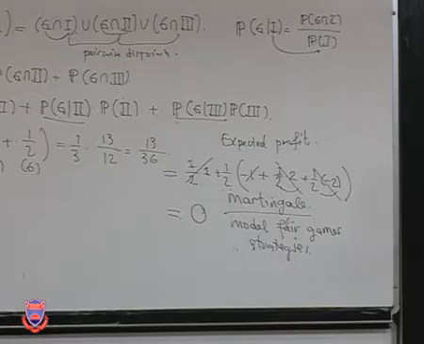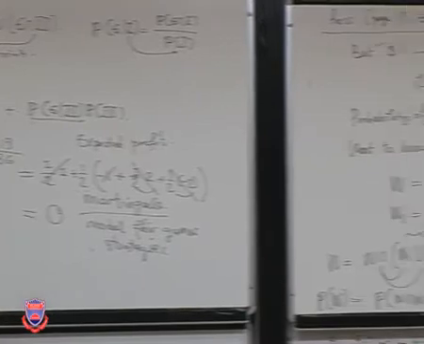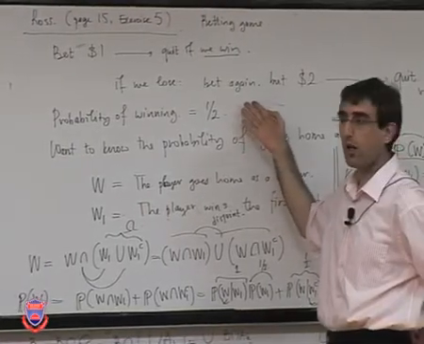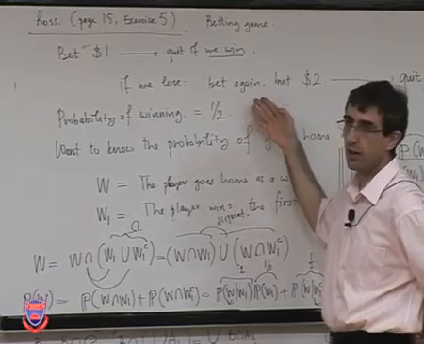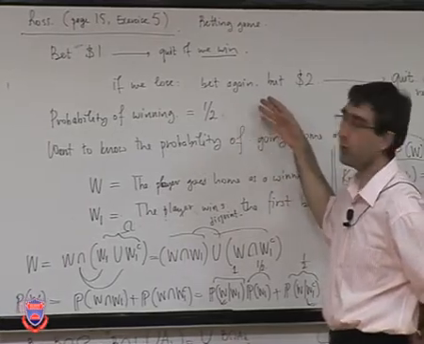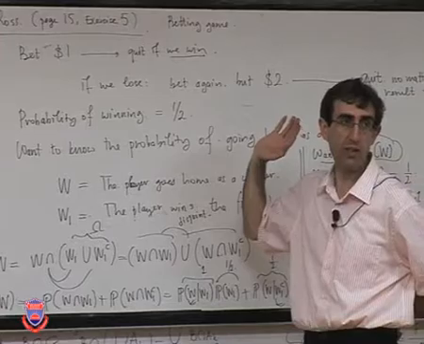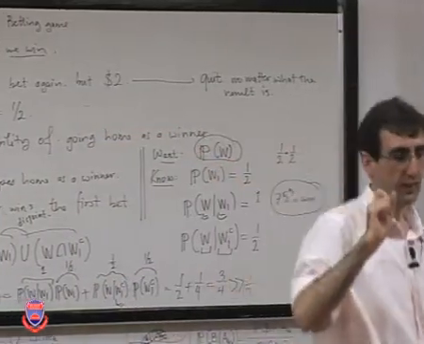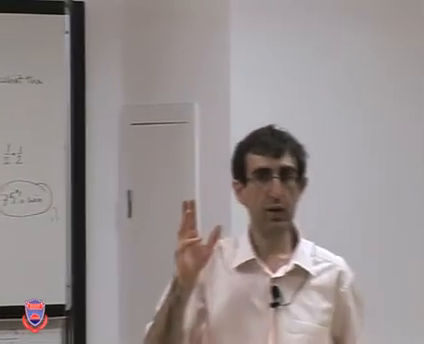And there is a theorem there which says that if you start with a fair game, there is no honest strategy that will be able to beat that fair game. What do I mean by honest strategy?